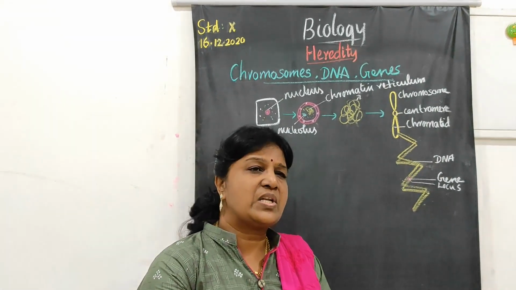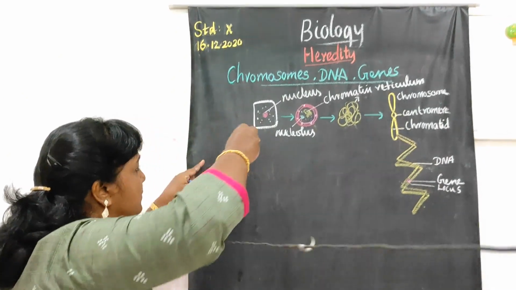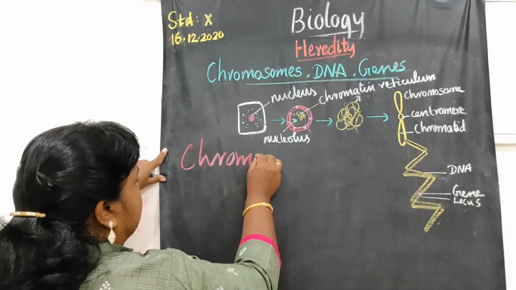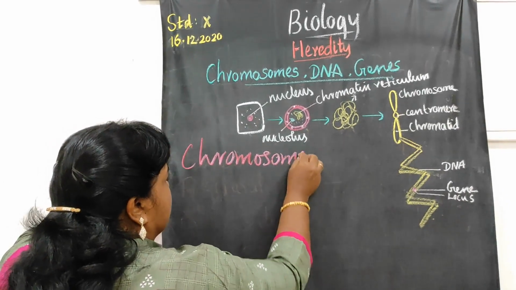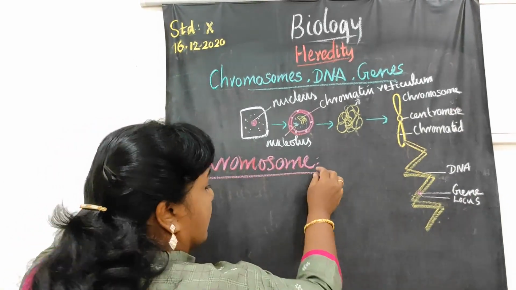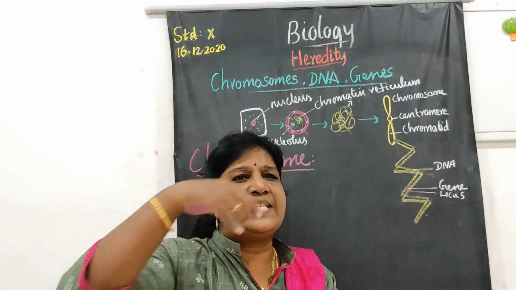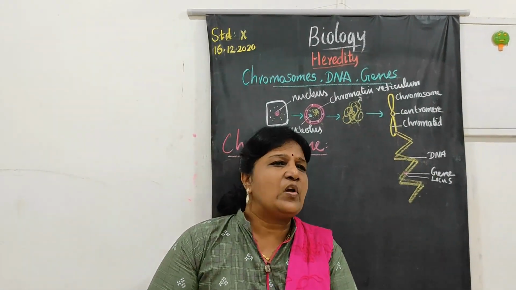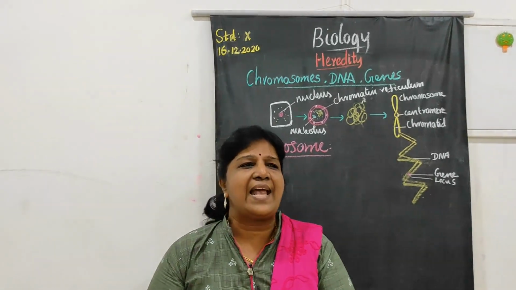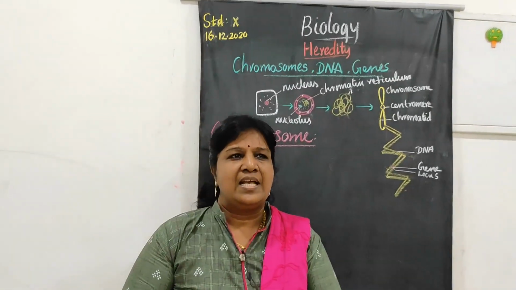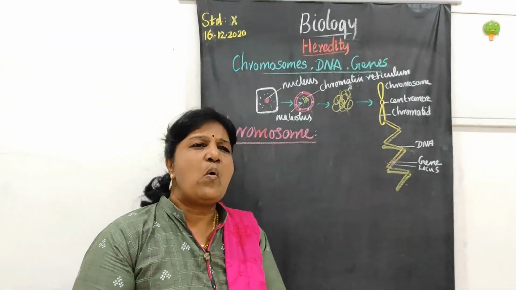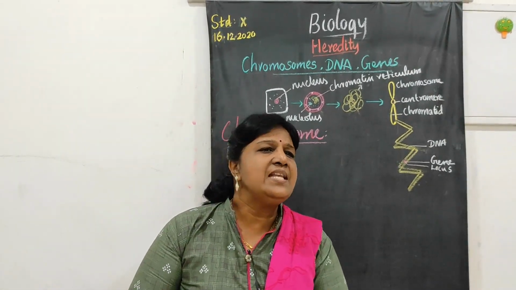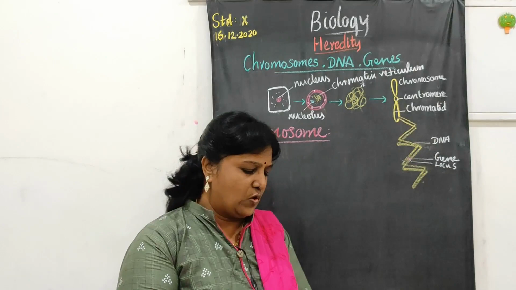Now coming to the structure of chromosome. So when you are taking the structure of chromosome, what are chromosomes? The chromosomes are long, thin thread-like structures consisting of two identical strands called sister chromatids held together by a centromere.